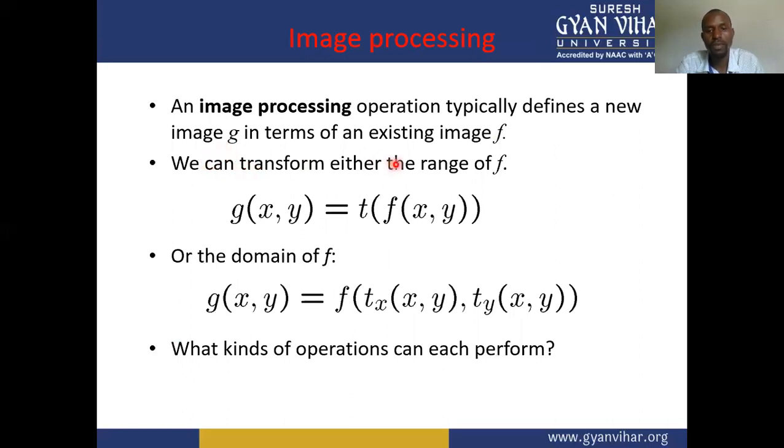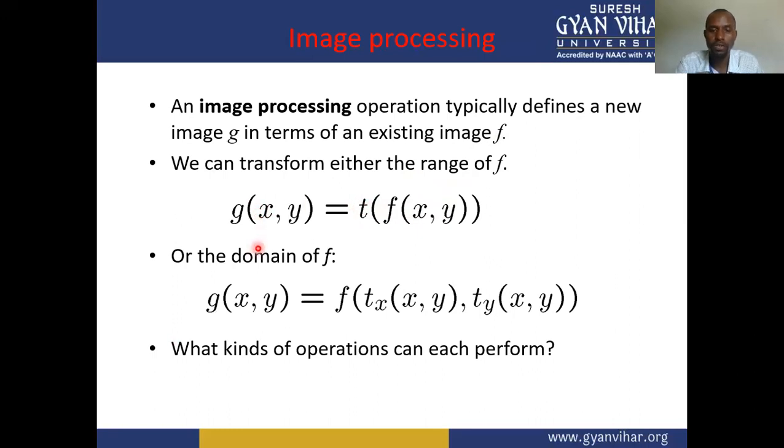So we can transform either the range of F, that means the output that you're getting after processing or filtering, G of X, Y, where this G is the new image with coordinates X, Y, and it is produced by applying a transformation. This transformation is the filtering or beautification you are applying on the original image.